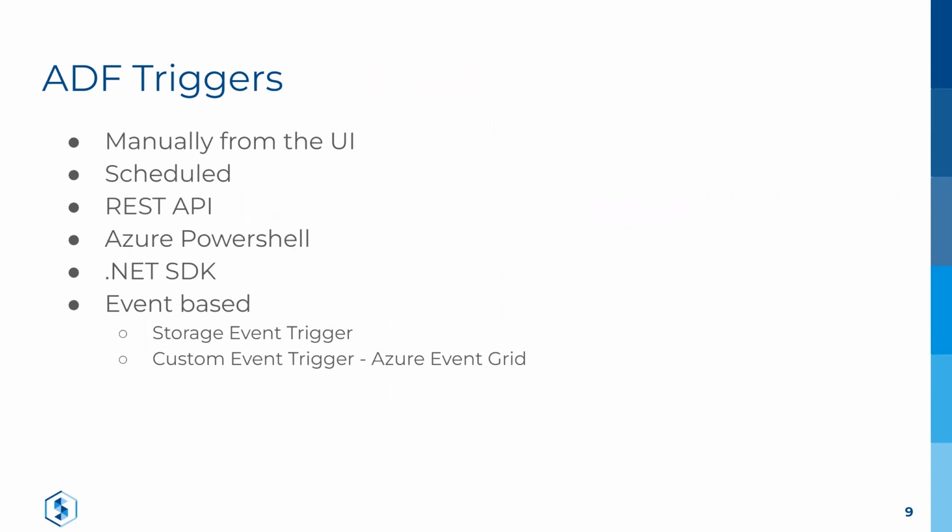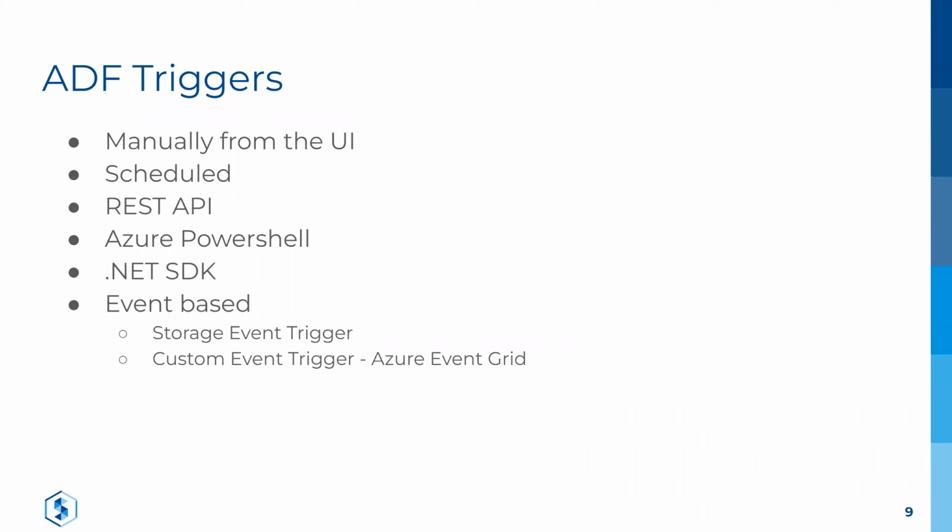In Azure Data Factory, there are a number of triggers, which are very handy. You can manually, of course, trigger it from the UI. There are scheduled options, so you can schedule it weekly, monthly, daily. There are a number of different ways. There's a REST API that you can invoke it from.